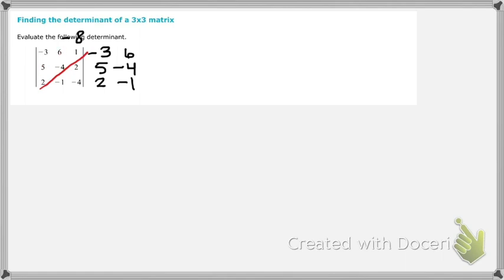I'm going to skip right over that. So I'll go on the next diagonal here, and that's -1 times 2 times -3. That's going to actually be +6. And then I'll go on the final diagonal here, and that's going to be -4 times 5 times 6. So that's 30 times 4, so that would be -120.